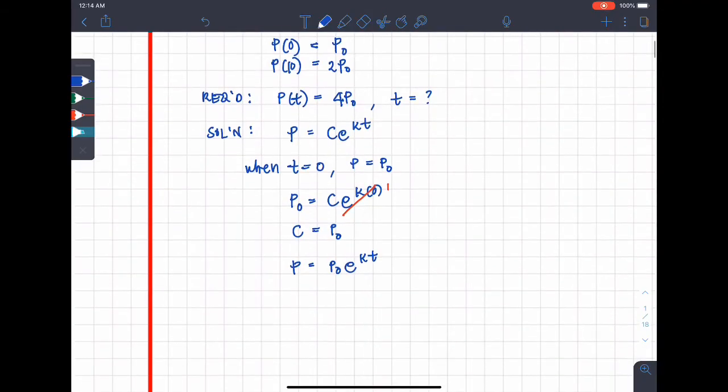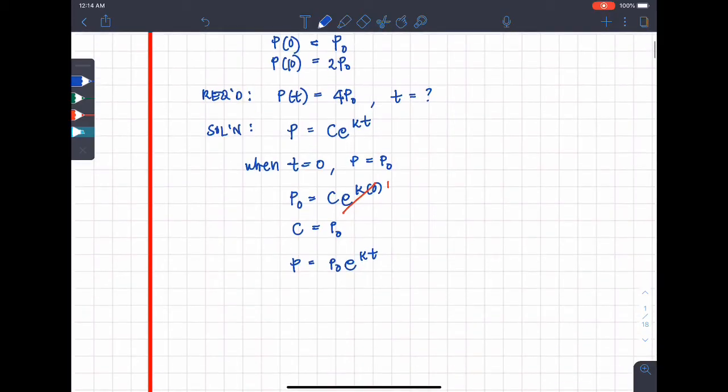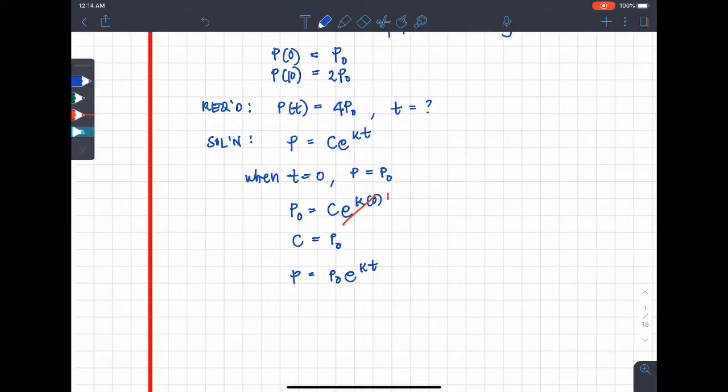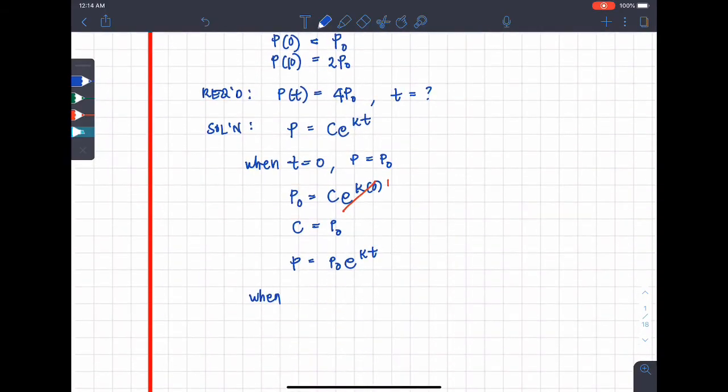So now that we have a new equation, let's use the second relation here. That is after 10 years, so when t is equal to 10, the population doubles. So the population would be 2 times P sub 0.